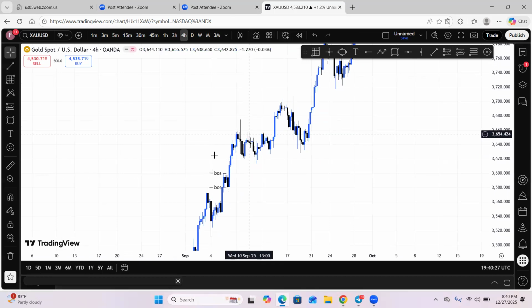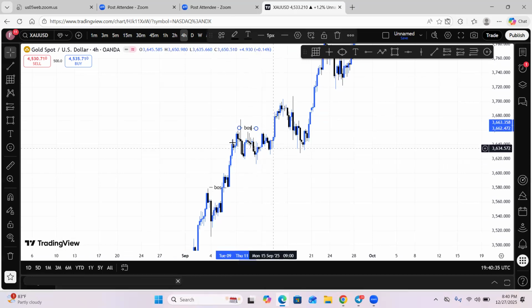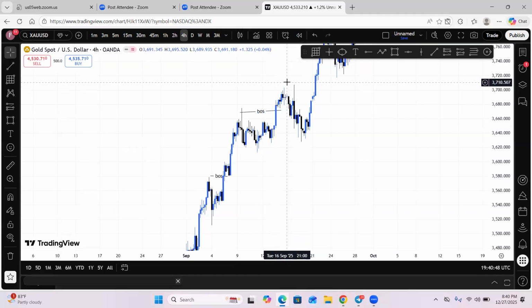Price kept moving. It pulled back small from this level. It kept moving, then pulled back small. It started consolidating. After consolidating, it broke out. It was an impulsive move. Do you understand? And what happened?